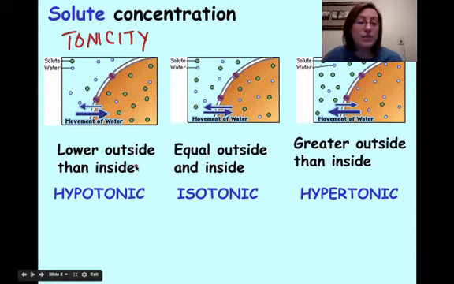So sometimes the solute concentration is lower outside of the cell compared to inside. So hypotonic, hypo, and low, that's what I think of. Hypotonic means that there's less solute outside of the cell. Here we have very low solute concentration, and inside of our cell is a very high solute concentration. So what's going to happen to the water that's able to diffuse? Water is going to move into the cell.